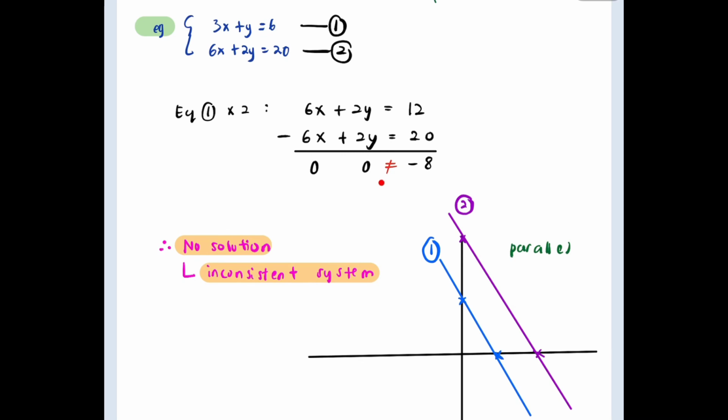This is not equal. You cannot have 0 equal to negative 8. So this case is no solution. Let's just write it as no solution, inconsistent system. What actually happened is both of the lines here are parallel to each other, so you cannot find any intersection or any solution.